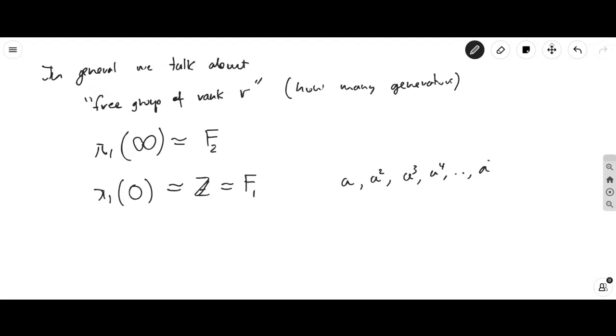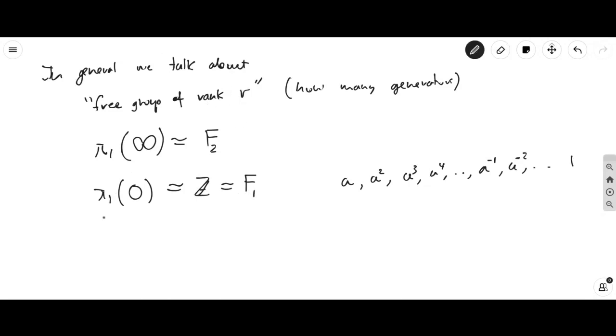And then you have A inverse, A to the negative 2, you have the identity. So in general, a free group is not abelian, but if the rank is equal to 1, then it's isomorphic to the integers, so it is abelian in the special case when the rank is 1.